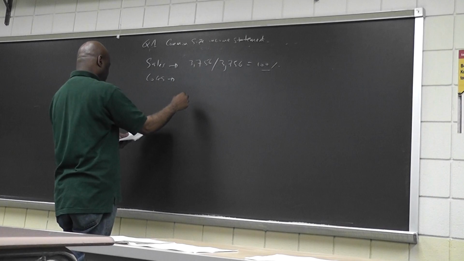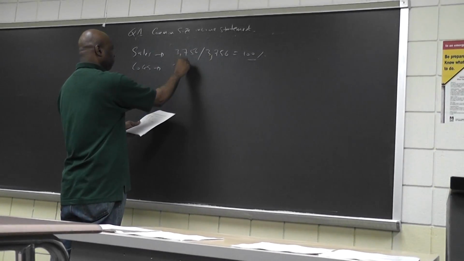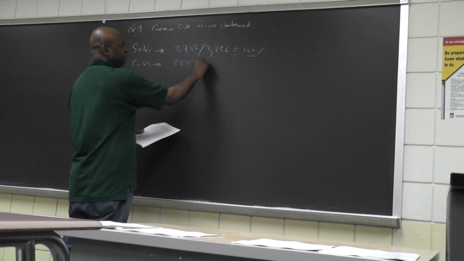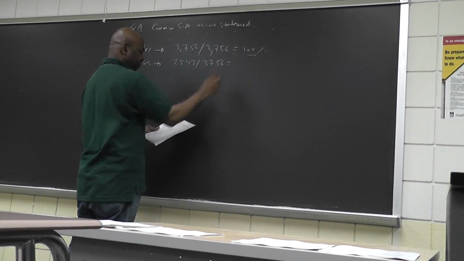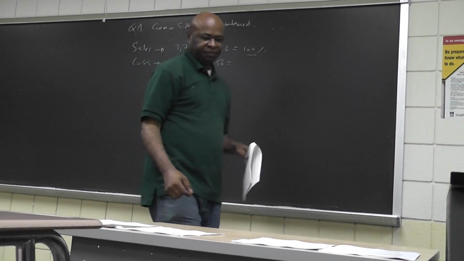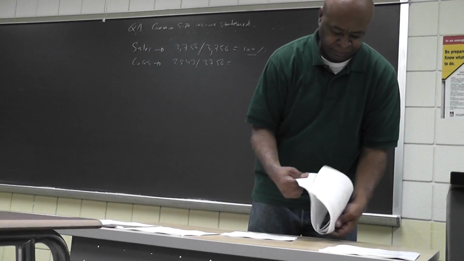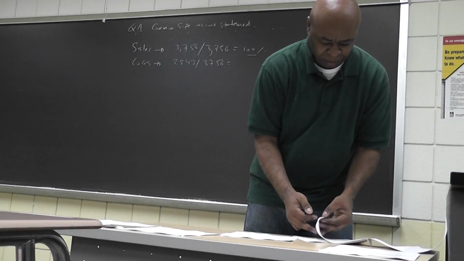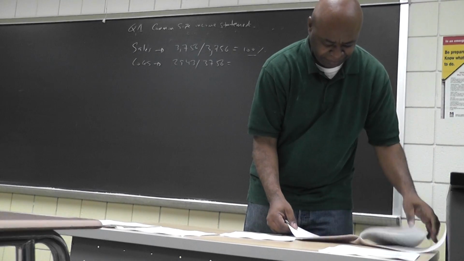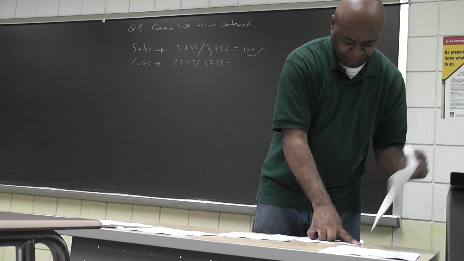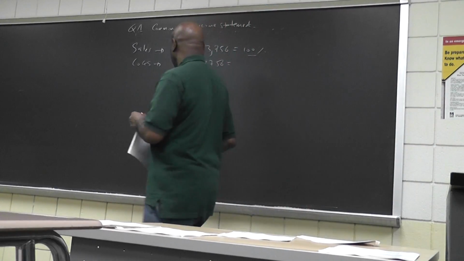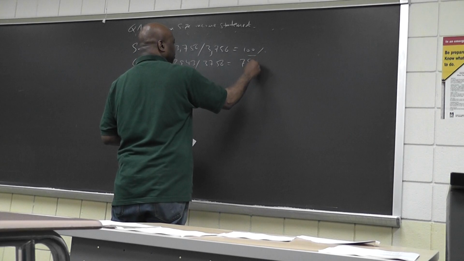By the way, I want 2 decimal points with a percent, right? So then the next one, which is cost of goods sold, you do 29.43 divided by 37.56, okay? And so on and so on. So what is the answer to that? 78.35%. Exactly.